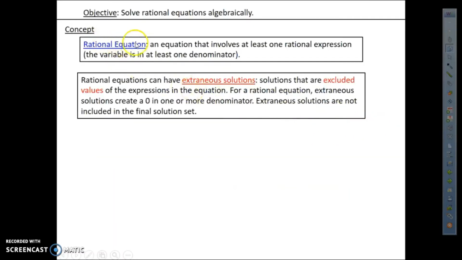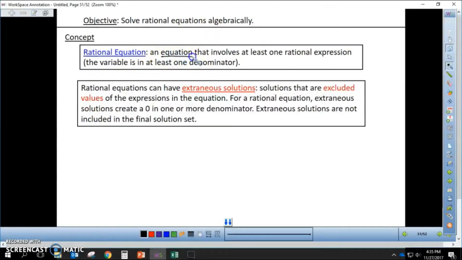I want to remind you that a rational equation is an equation that involves at least one rational expression, meaning we have a variable in at least one denominator.